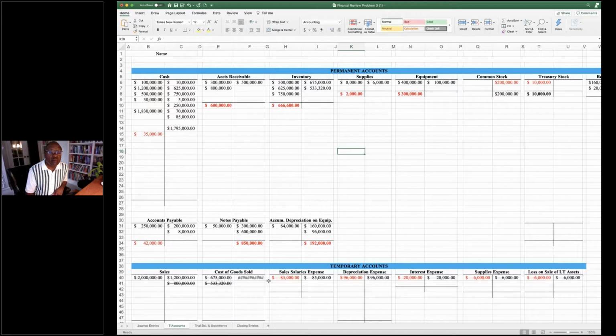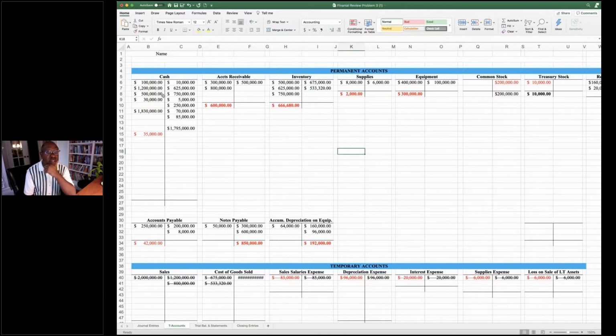Yes. Okay. So if we put the new balances in, the first number in these accounts, this 100,000, the first number you see is the beginning balance.